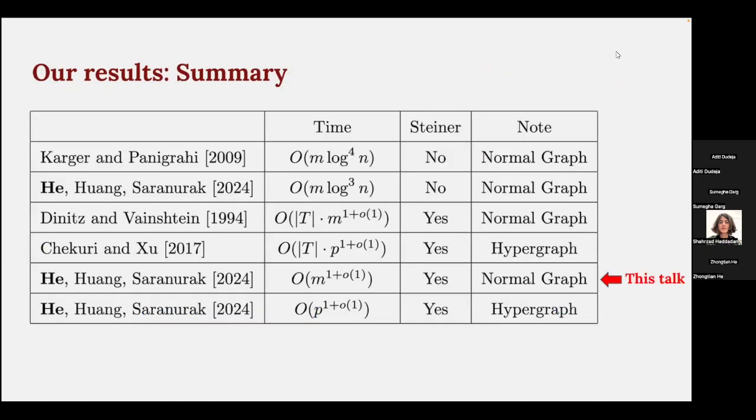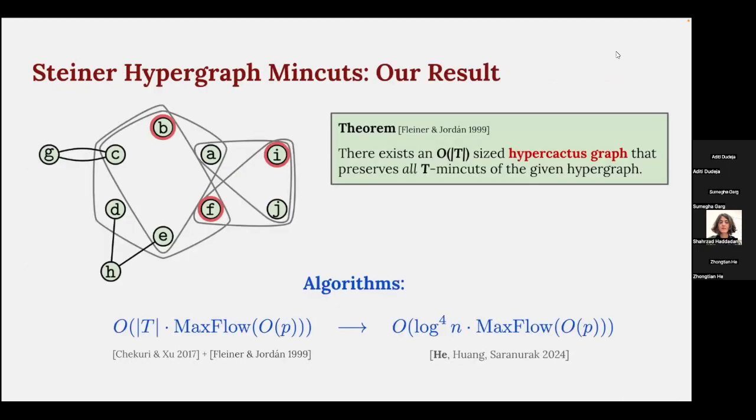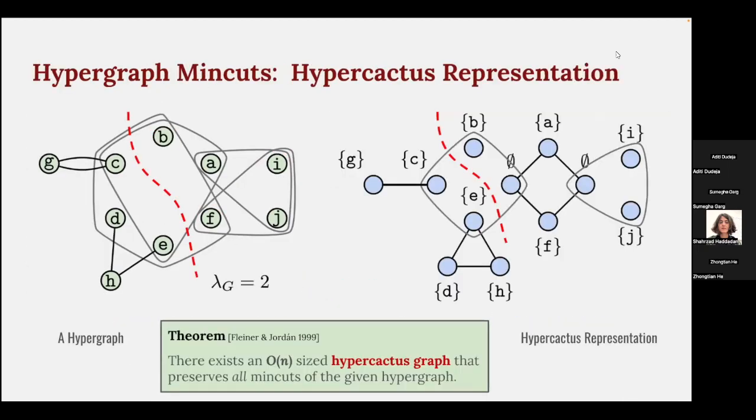So why do we need the hypercactus? The Cactus graph was already capturing the mincut. So in hypergraph, let's use this example. Let's see this mincut. This mincut corresponds to removing those 2 gray hyperedges, right?